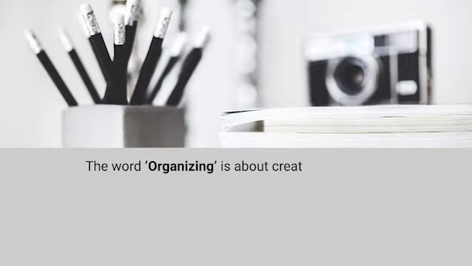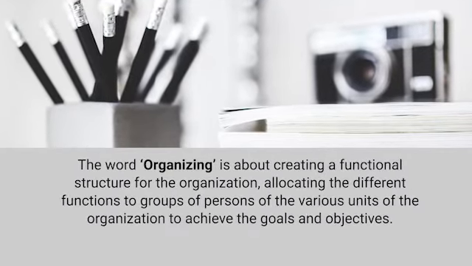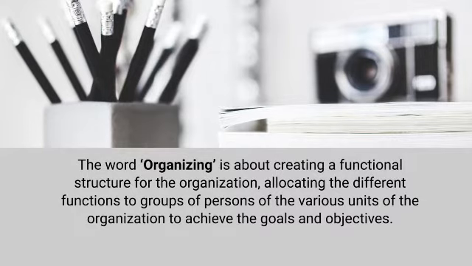The word organizing is about creating a functional structure for the organization, allocating the different functions to groups of persons of the various units of the organization to achieve the goals and their objectives. So every organization which you have come across or will be coming across has certain objectives, certain goals to reach.